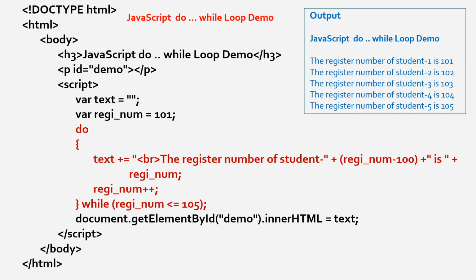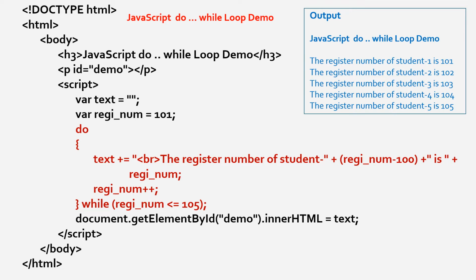This JavaScript explains the same program, just for displaying register numbers starting from 101 to 105. Here, do, this is the body of the loop. Initially, the variable register number is assigned 101, then it will straight away, without checking the condition, enter into the loop and print the value, and then the condition is checked.